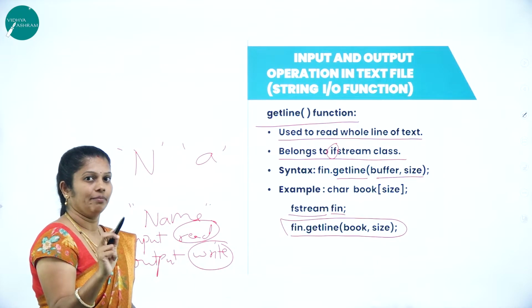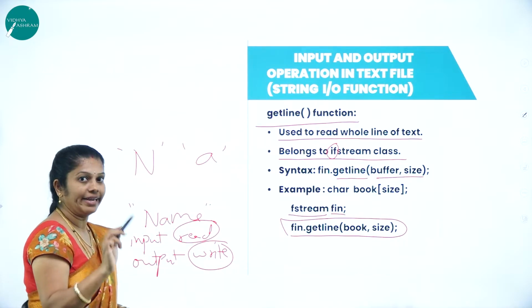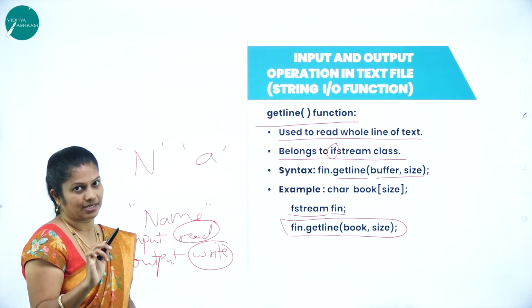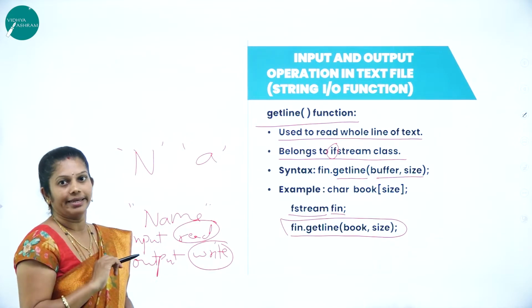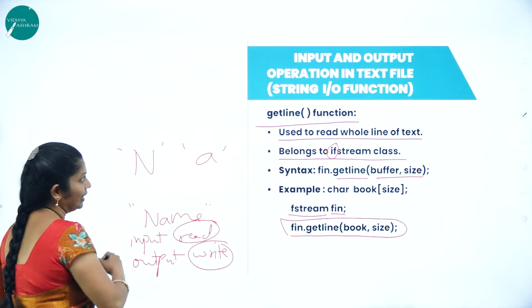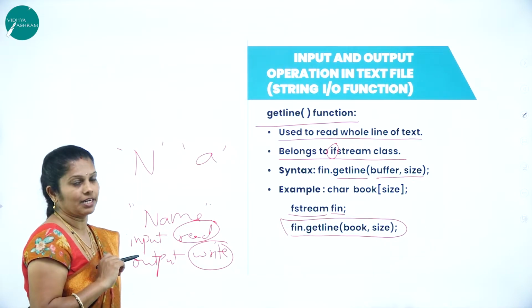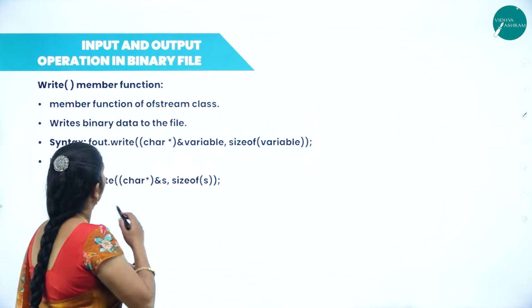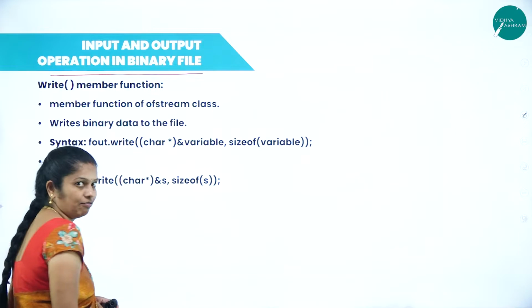Only two things you have to remember. One is that getline helps to input or read an entire line of text, whereas the get function helps to input a single character. Both get as well as getline belong to the ifstream class. The next one, the write function, that is input output operation, especially in a binary file.